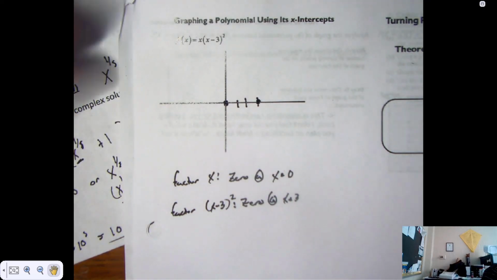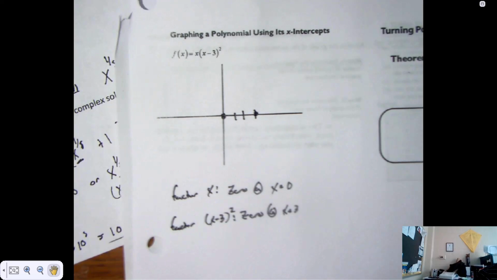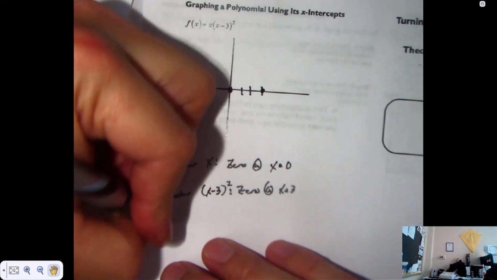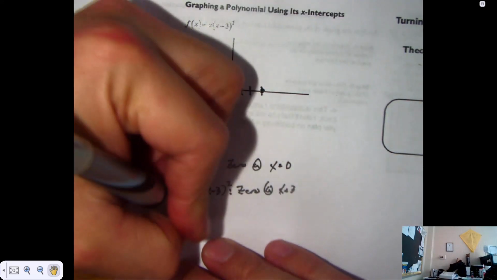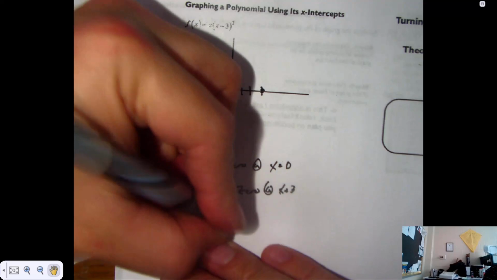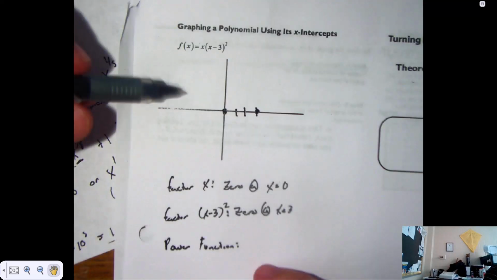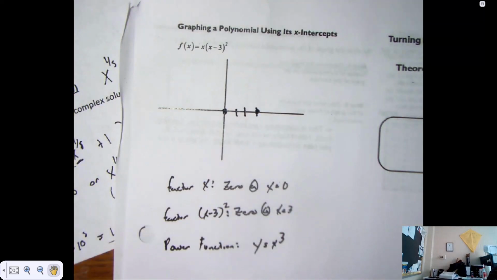Let's see here. Did we talk about power functions? We did talk about power functions, didn't we? Yes, we did. The power function for this thing is y equals x cubed. Anybody know how I came up with the idea of that being the power function?